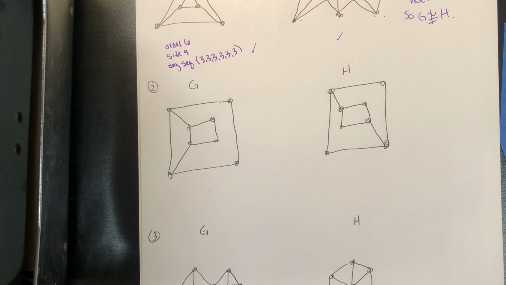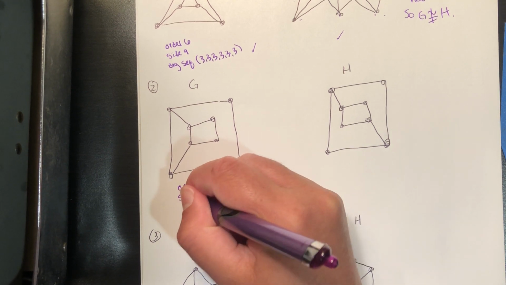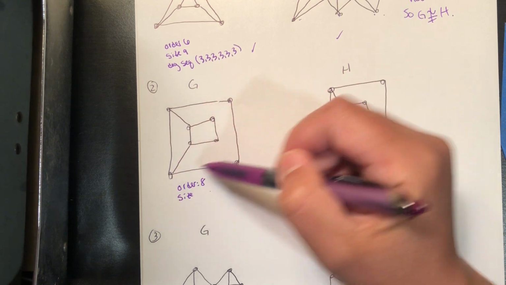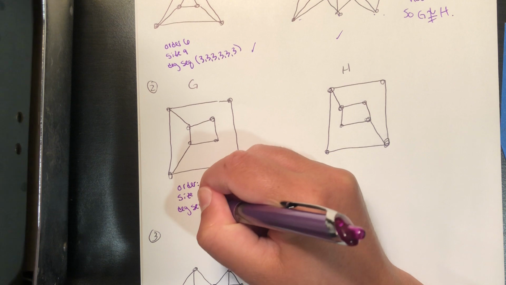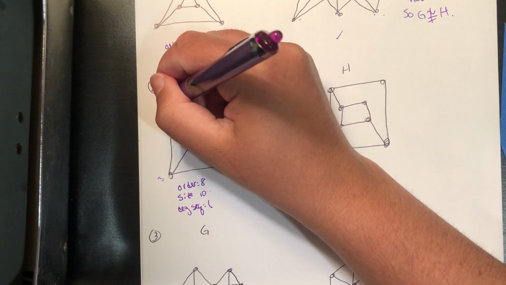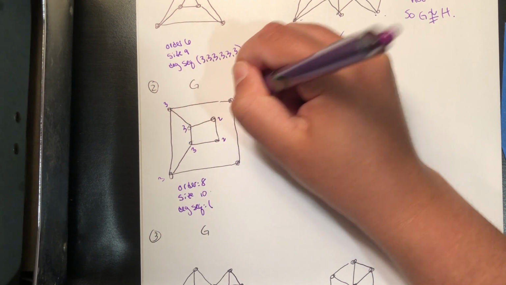We've got the order is the number of vertices. There's 8 vertices. The size is the number of edges. That's 1, 2, 3, 4, 5, 6, 7, 8, 9, 10. And the degree sequence, let's see, this is degree 3, this is degree 3, 3, 3, 2, 2, 2, and 2.